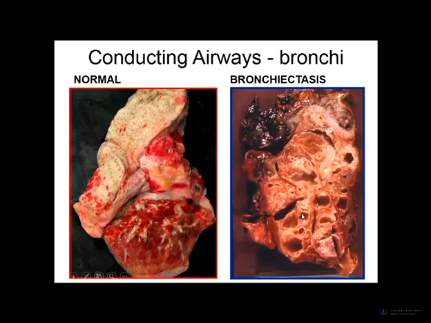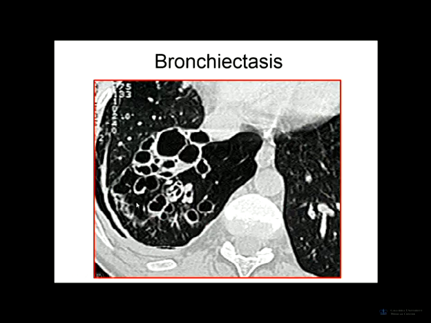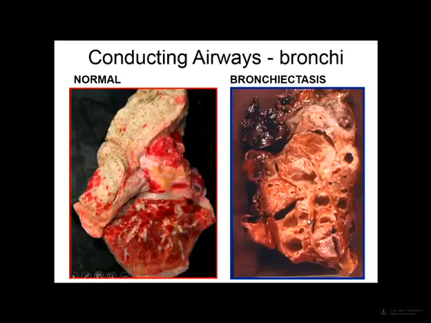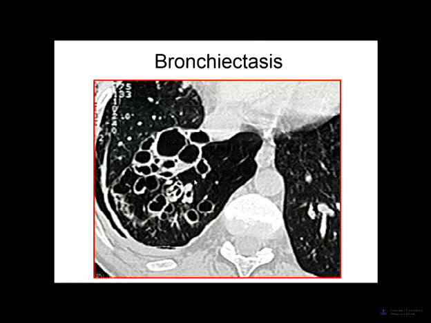Over time, to get to a lung that looks like this, repeated pneumonias distal to the bronchiectasis will damage the alveolar zones and cause scarring, which is why the alveolar zones are gone. But the disease begins in the bronchus. And because this is a structural abnormality, it can be visualized within the resolution of radiologic scans, even one that is not of the highest quality.